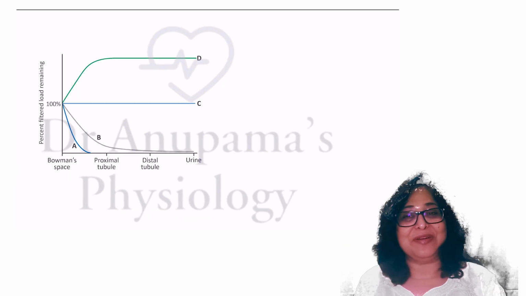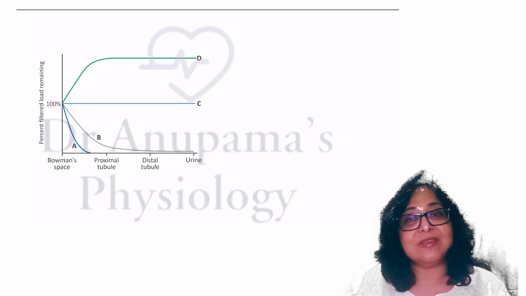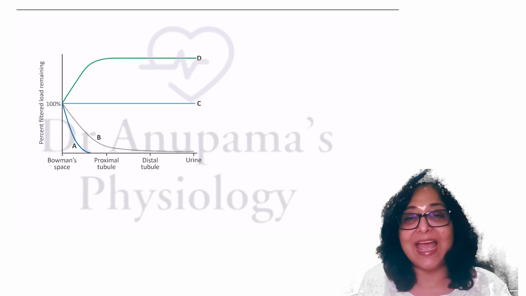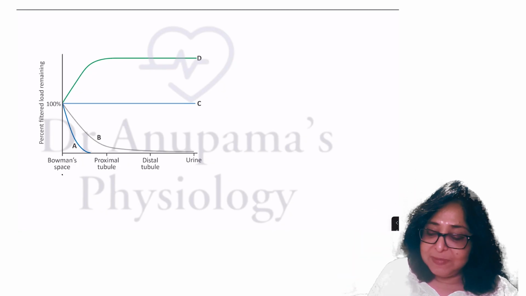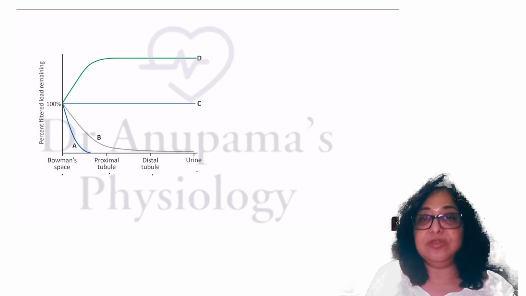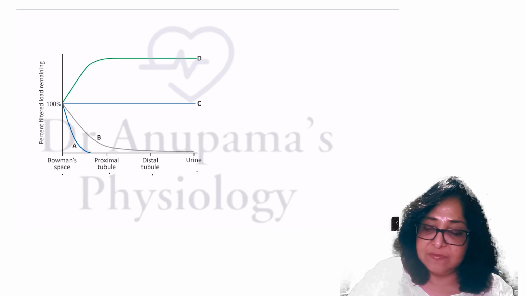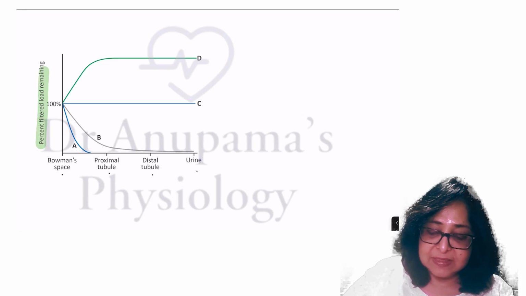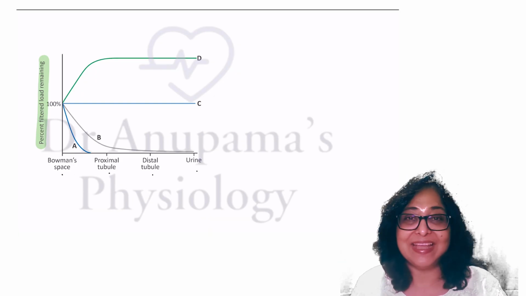Let's look at another graph. Now again, we have to identify substances A, B, C, and D. Now we've got Bowman space, proximal tubule, distal tubule, urine on the x-axis. And what we have on the y-axis is percentage of the filtered load remaining.